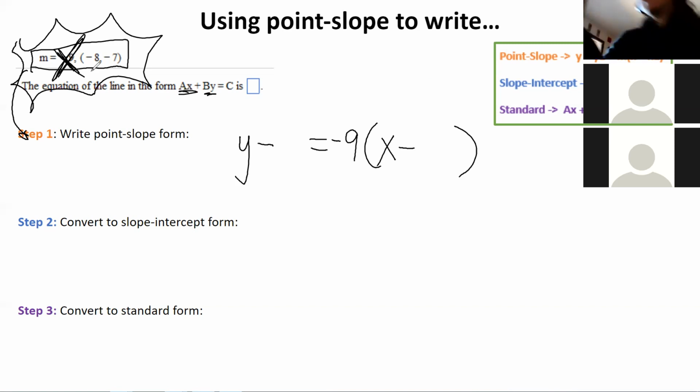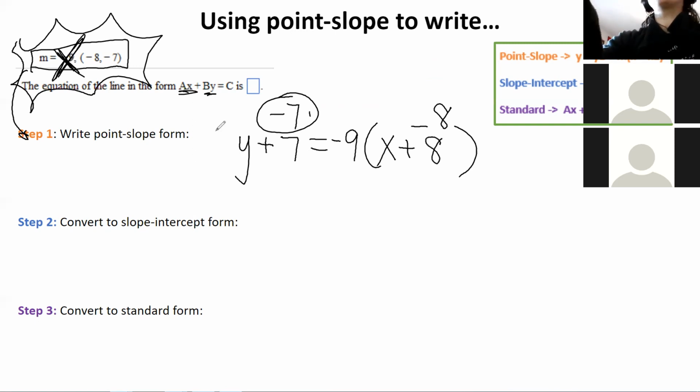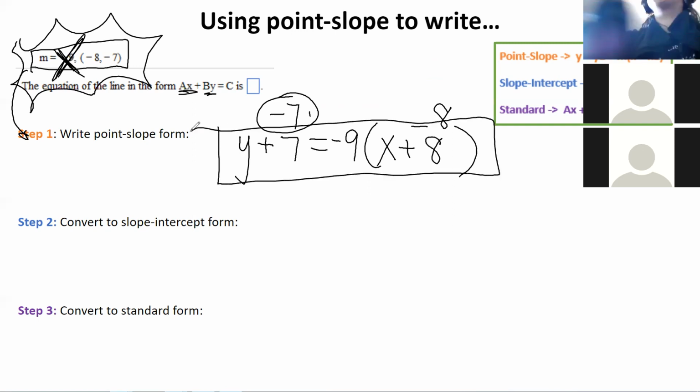Negative 7, thank you, Malachi. So that one is our y. If it's a negative 7, that means it goes into our formula as a positive 7. That means that x is that negative 8, so it turns into a positive 8. So boom, I have point slope.